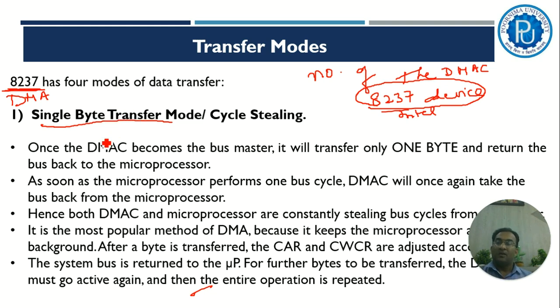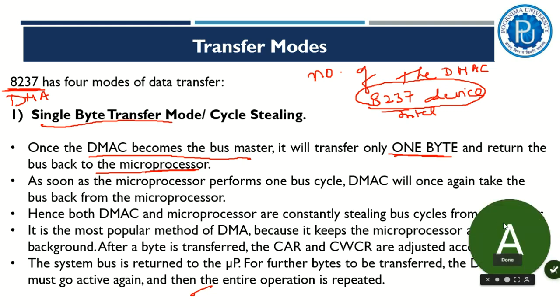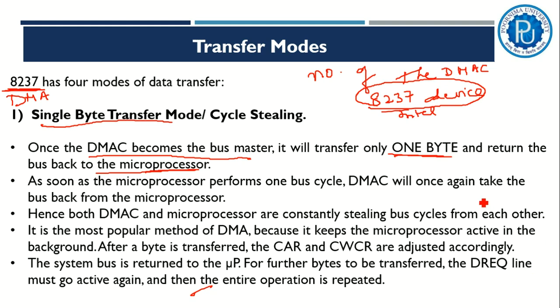Once the DMAC becomes the bus master, it will transfer only one byte in this mode, and then return the bus back to the microprocessor.